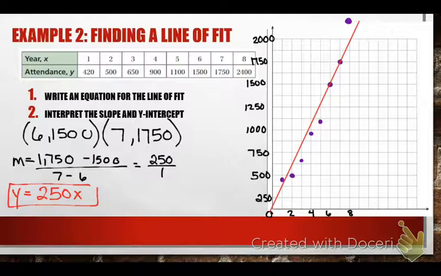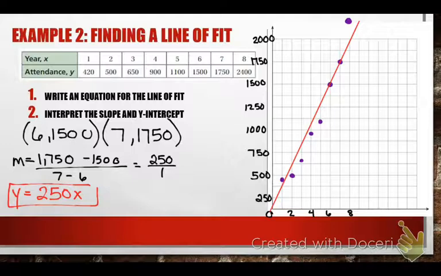What about the slope? The slope is clearly positive. Can anybody tell me how that number is relating x to y to interpret that slope? We would expect, as time goes on, more people come.